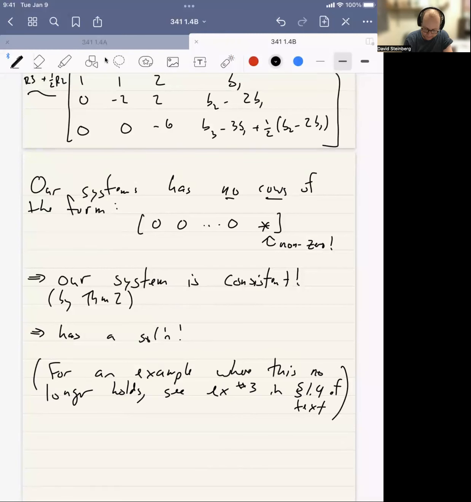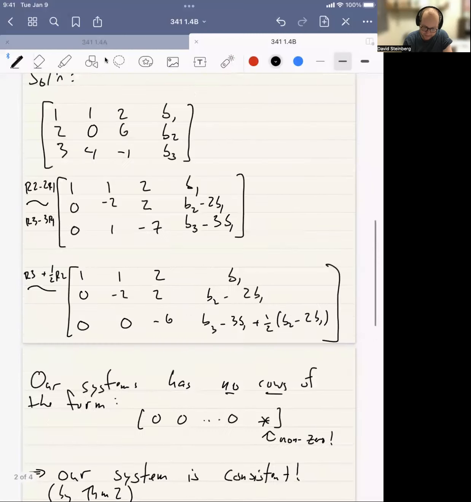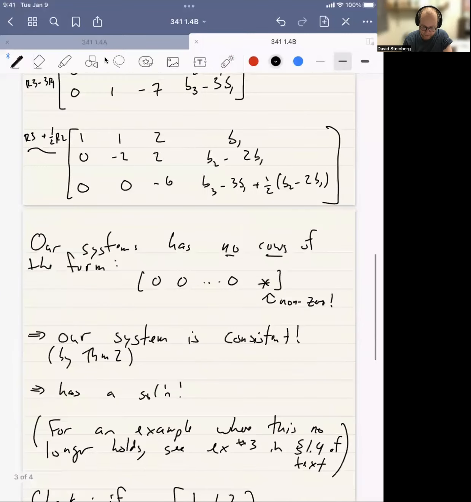Or you could also check if our matrix A is different: 1, 1, 2, 2, 0, 6, 3, 4, 5. So I think we changed the 5. Instead of 3, 4, -1, it's 3, 4, 5.